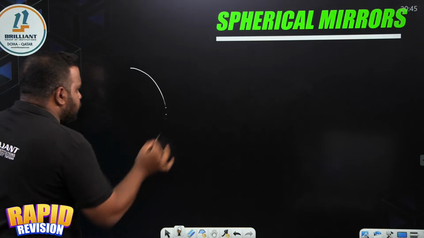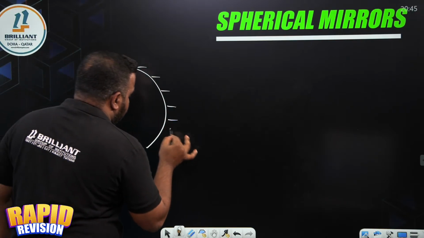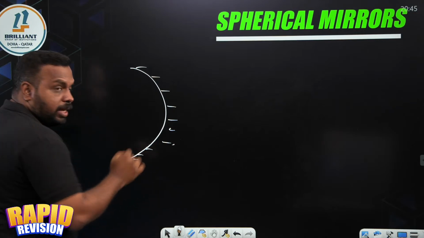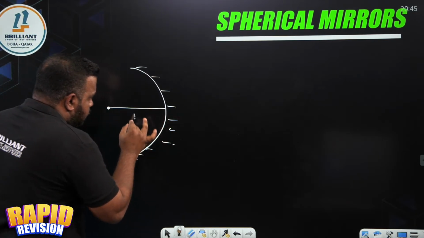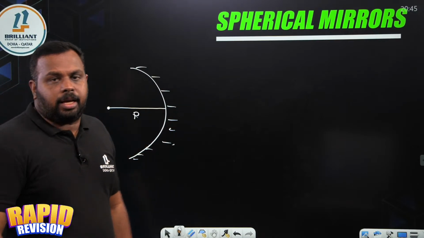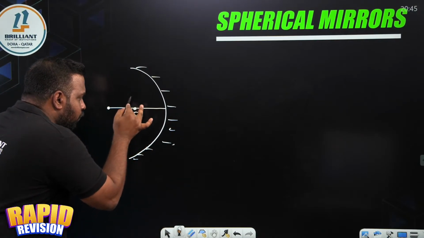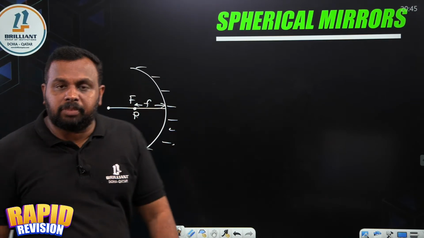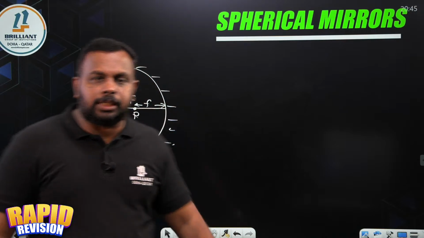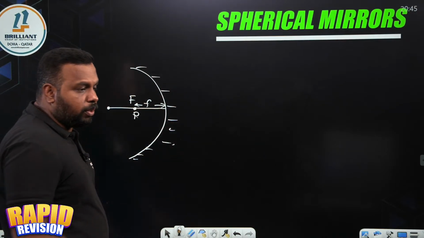And there is a relation between them. See, this is a concave mirror, and this is the center. This distance is R, and this is the focus, this distance is the focal length. What is the relation between radius and focal length?